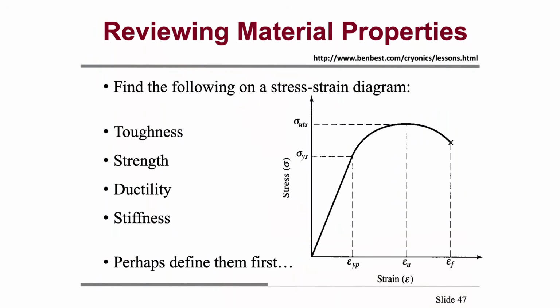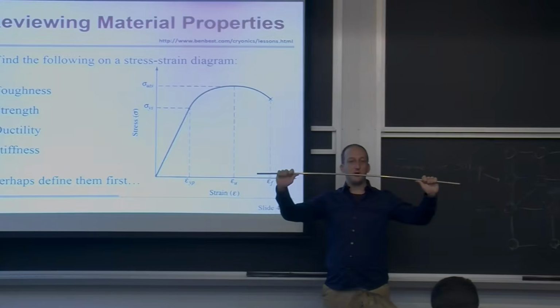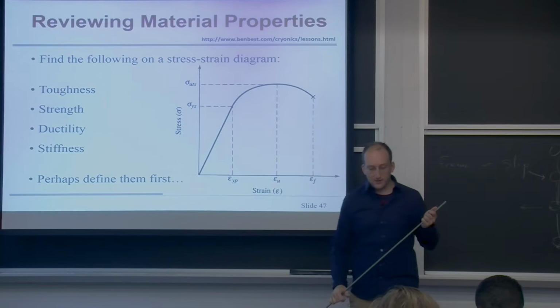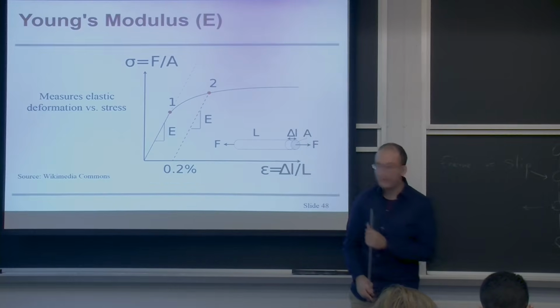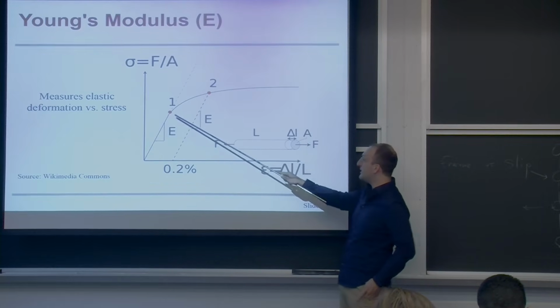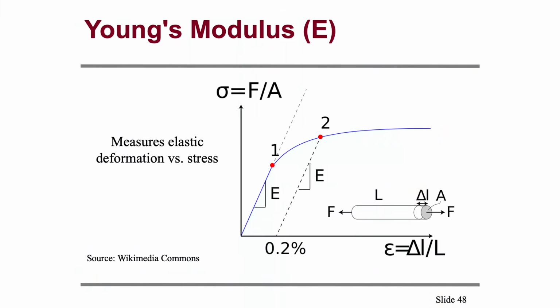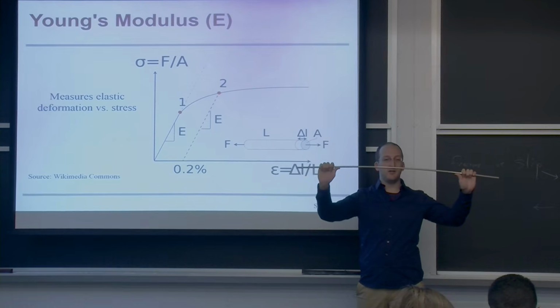And so something that is stiff means you can put a lot of force into it, but it won't deform very much. That's kind of the easiest property to understand. Something that's very stiff will have what's called a high Young's modulus, or a high slope right here. Something that's super stiff, like a ceramic, you can really push on it quite a bit, but you won't get it to deform like you would this metal.